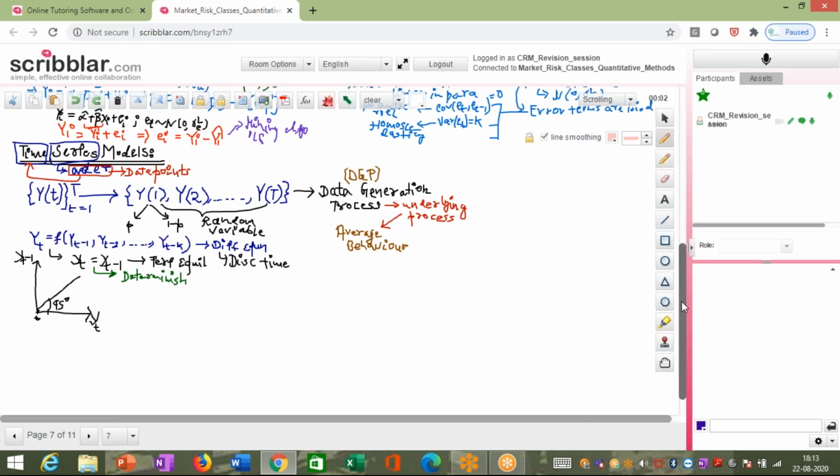So the market risk models would mostly rely on time series prediction frameworks or on Monte Carlo simulations, which we will be discussing over a period of time.